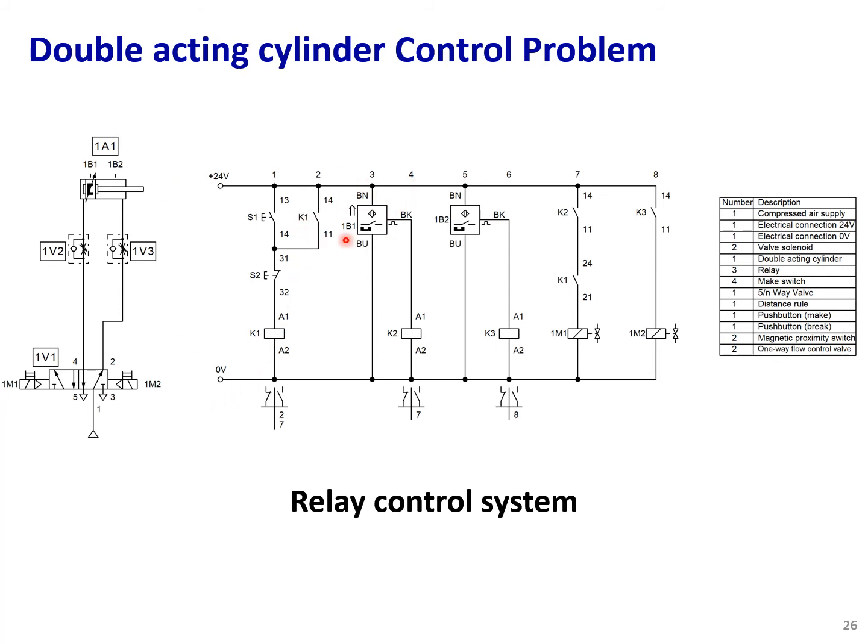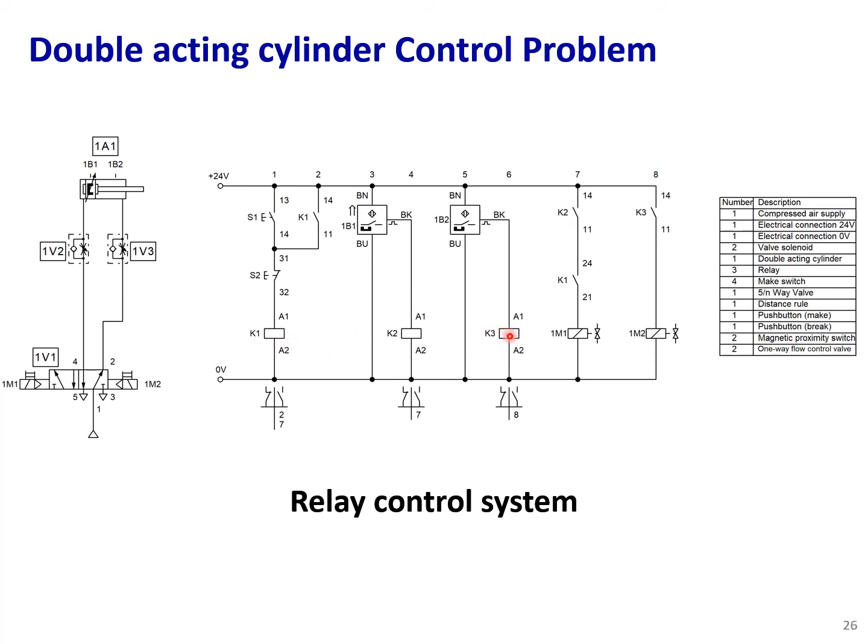So here we have two sensors, 1B1 and 1B2, and we have three relays, K1, K2 and K3.